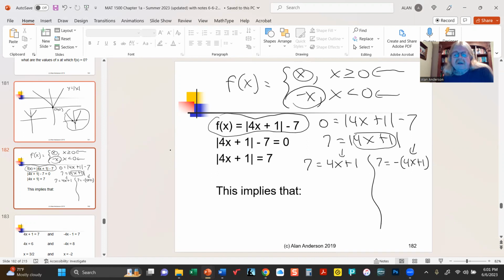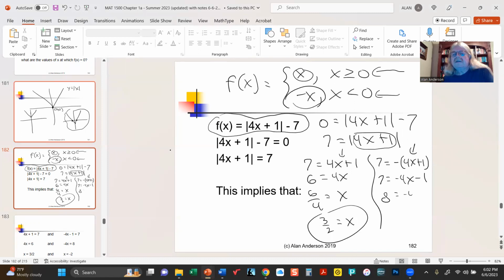Now we can just solve for it. I mean, we subtract 1 from both sides, divide out the 4. Now here, add that 1 to both sides, divide by -4, and we have -2.